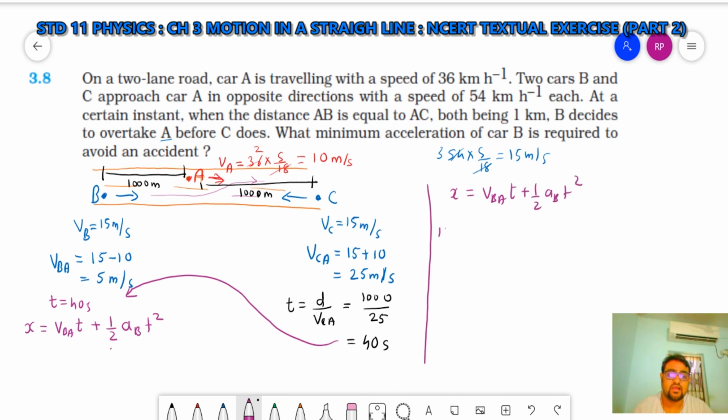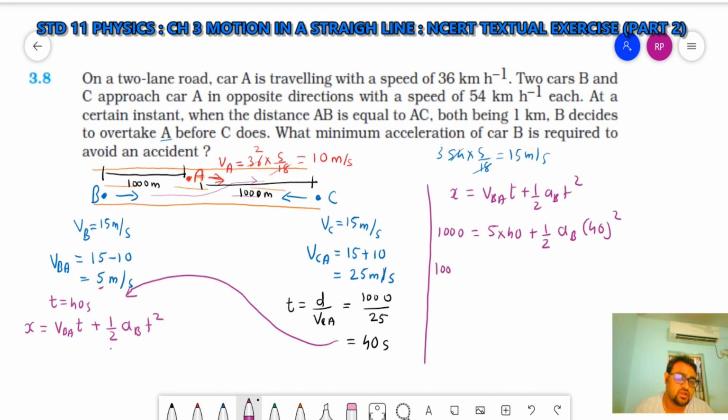What is x? 1000 meter. What is VBA? 5. What is the time? 40, plus half, what is the acceleration that we need to find out? What is t square? 40 square. So 40 into 5, that is 200.